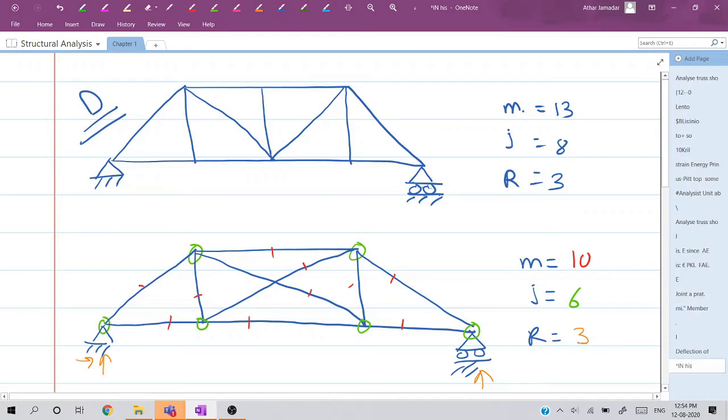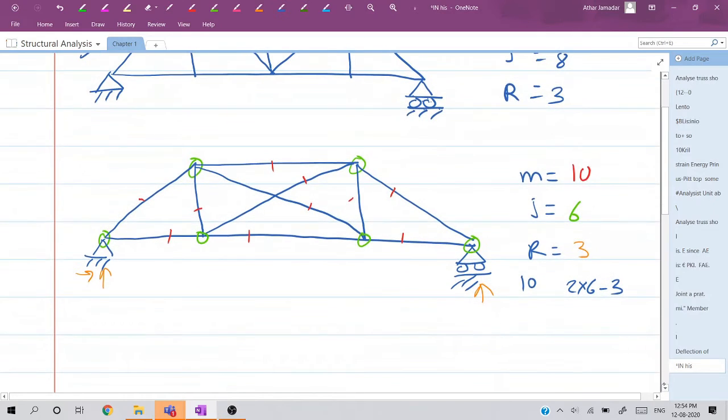Now take 2 times the joints, 6 into 2, and M is 10. So 2 into 6 minus 3 is going to be 9.